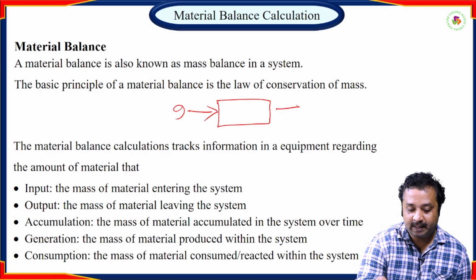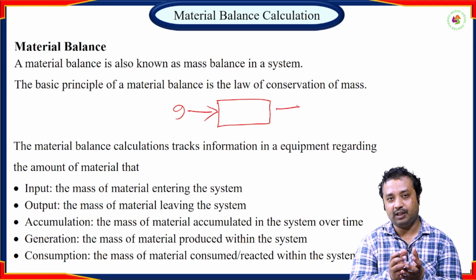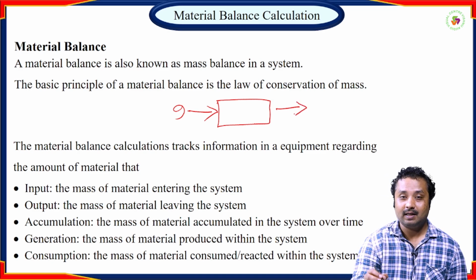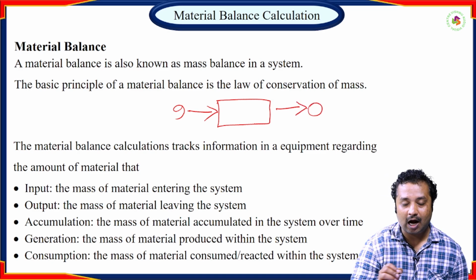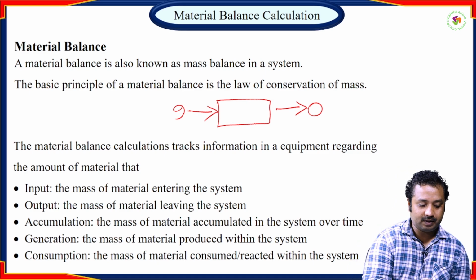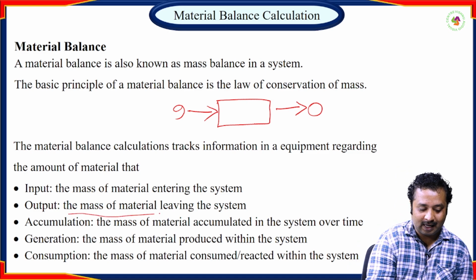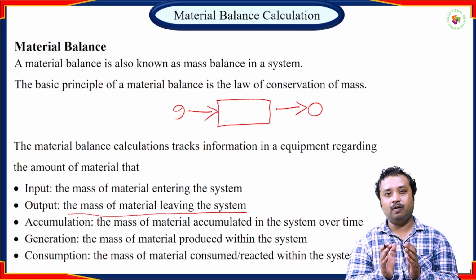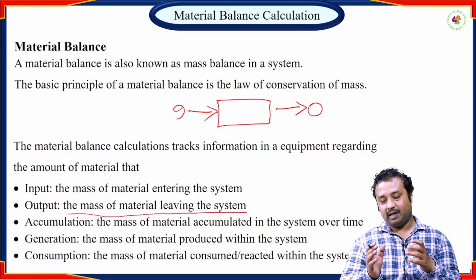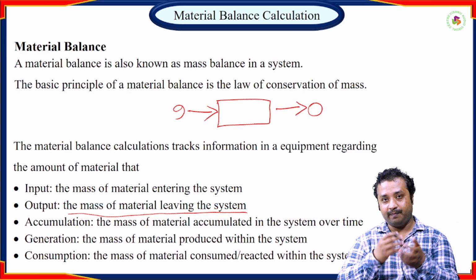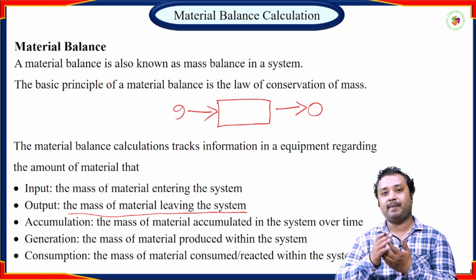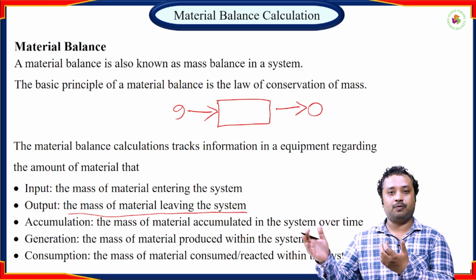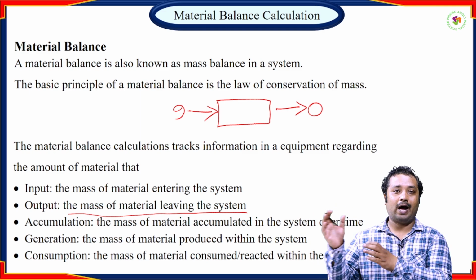And after the processing, the material will go out of the system. That material amount is called output material. So, it comes under output. Output means the mass of material leaving the system. So, in a system, there will be some mass that is entering, and after it gets processed, the product or the processed material will go out, and the total amount is called output.